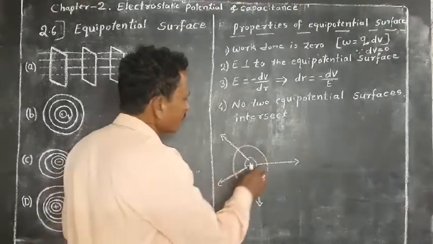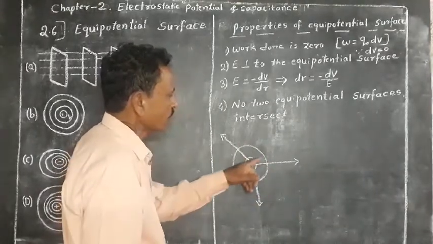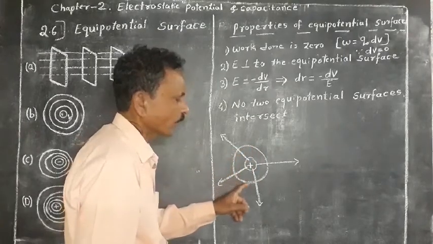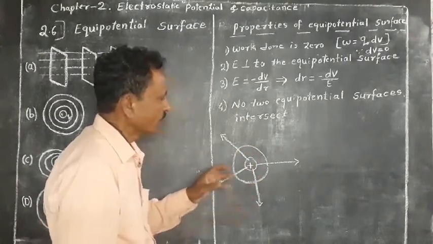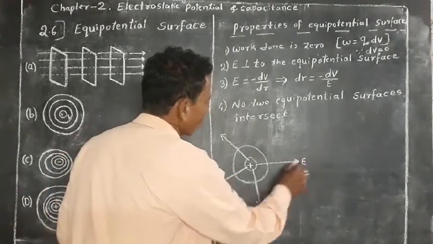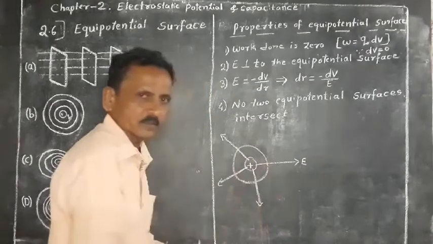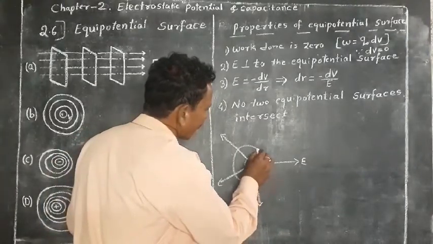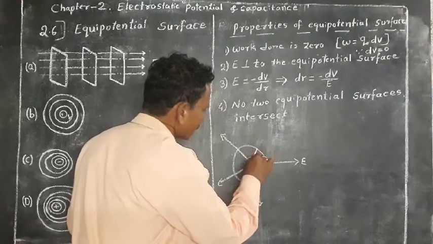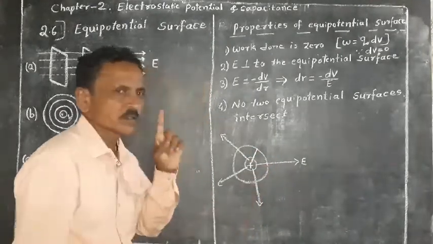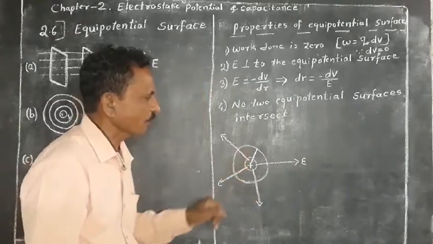On the Gaussian surface, the potential at every point on the surface remains the same. Since the electric field is radial, along the radius of the circle, the distance of any point on the surface from the charge remains the same, r remains the same.